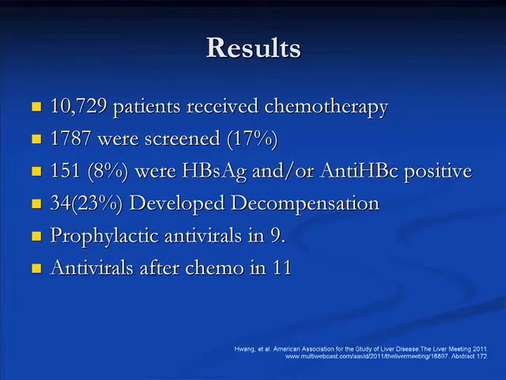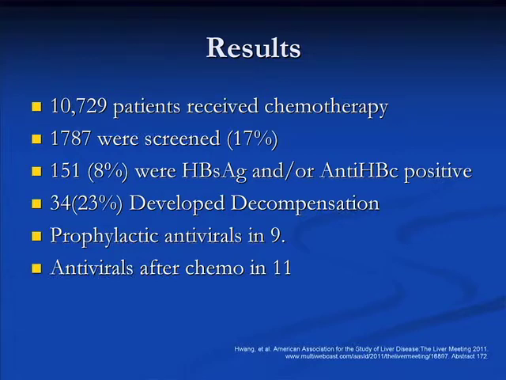They treated a huge number of patients at the MD Anderson with chemotherapy, over 10,000 patients during this period of time, yet only 17% of them were screened for hepatitis B. And of that number, 151 of them, or 8% of the ones screened, were hepatitis B surface antigen positive and/or hepatitis B core antibody positive.